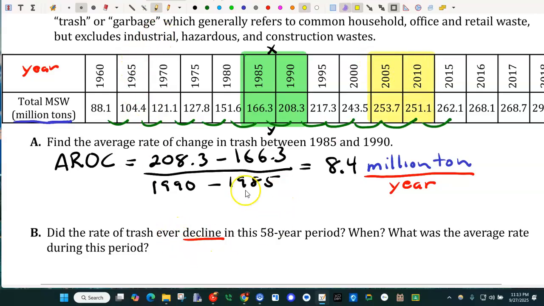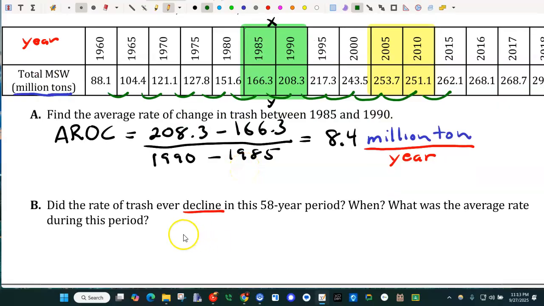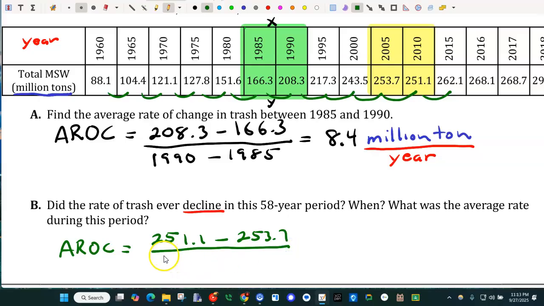All right, so I'm just going to do the same thing I did in part A and do it again in part B, just with the different numbers. So we have our average rate of change, once again, AROC equals, and the y values first, second one first, 251.1 minus 253.7, all over the years, 2010 minus 2005.